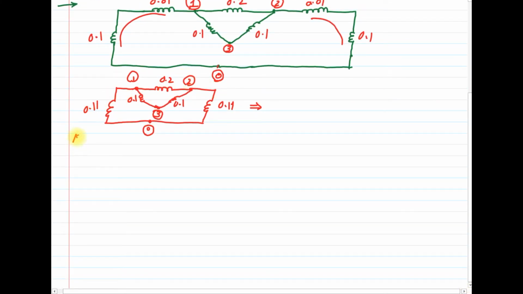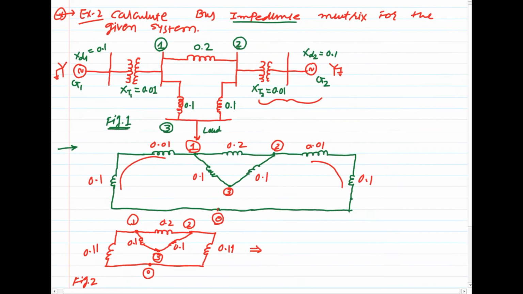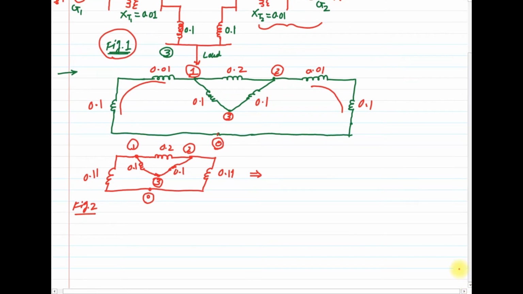Now our next step, or I can say initial step, for the formulation of the bus impedance matrix: from figure number 2 we have to draw the graph, tree and cotree for our system, which is given here in figure number 1. So let us draw the graph.